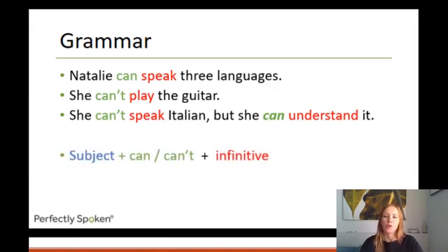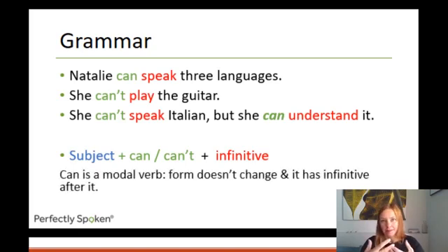All right, so to form these sentences, you have the subject, can or can't, plus the infinitive. You always use the infinitive, so it's very easy. And can or can't is a modal verb, so it doesn't change form, and it always has an infinitive.